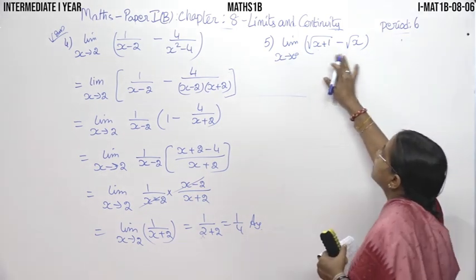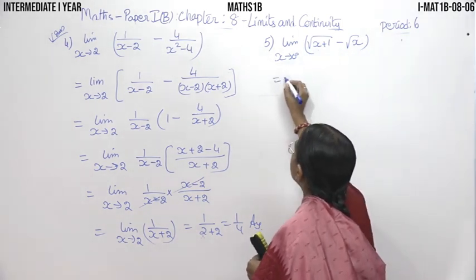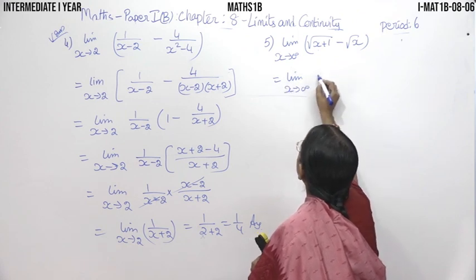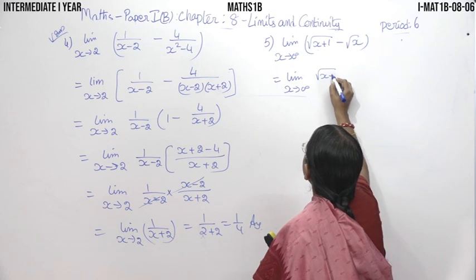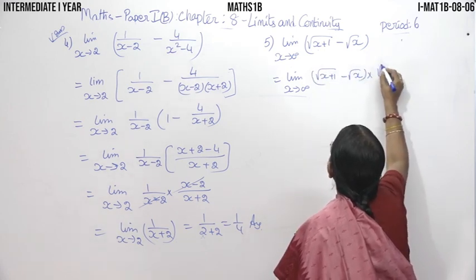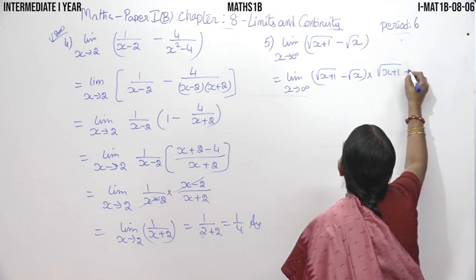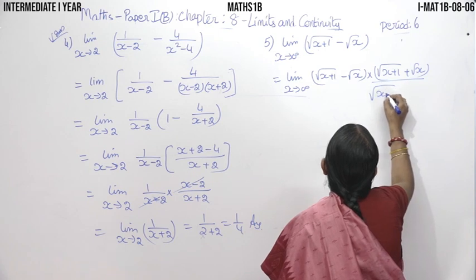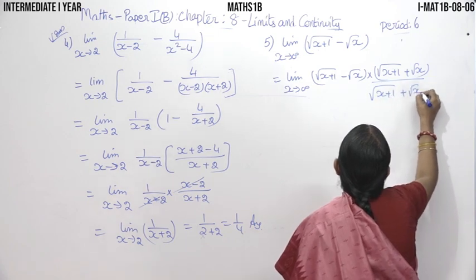What is to be done? Because you have root x and all, you can rationalize. So multiply and divide by root of x plus 1 plus root x.